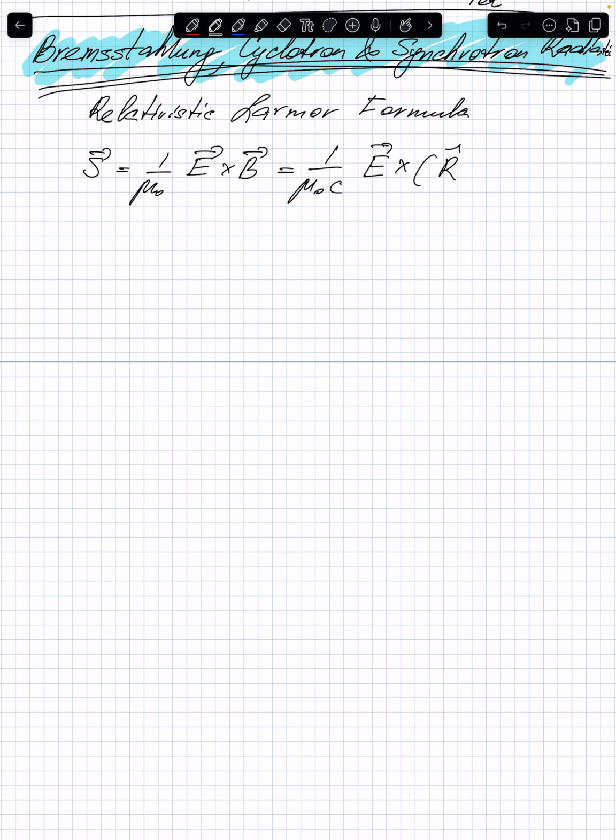For the single particle source, for the single charge source, it's given by this expression, 1 over c, r hat cross E. Simplifying this, we obtain 1 over c times the unit vector in the r direction cross E. As a reminder, all of the quantities on the right hand side here are computed at the retarded time.